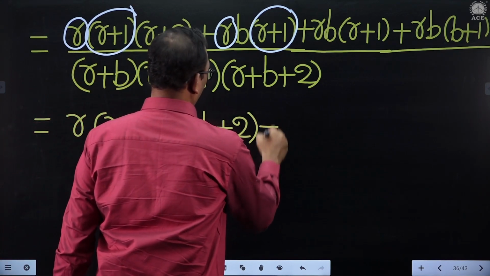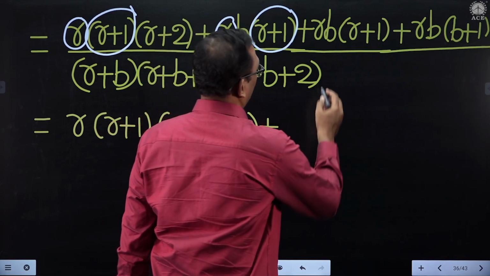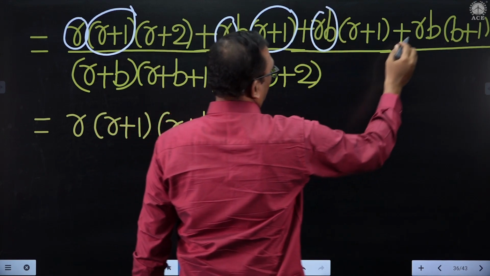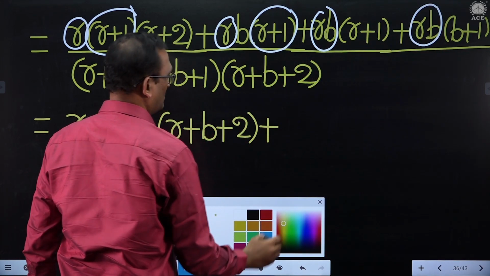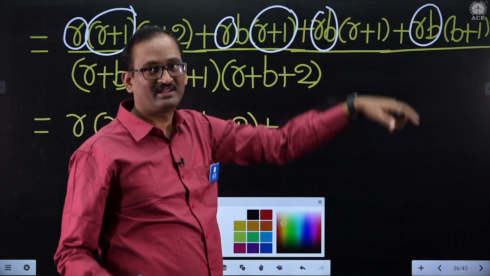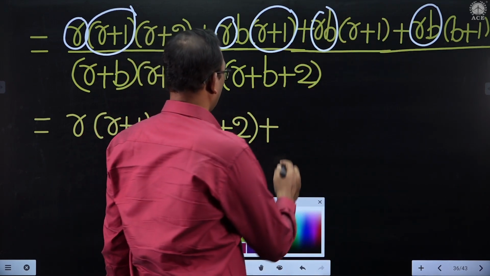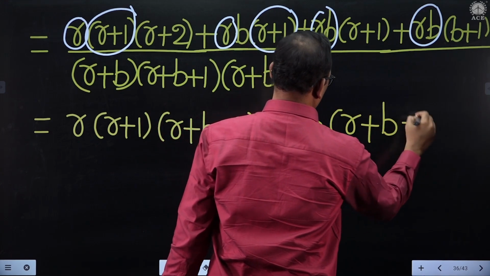From the remaining terms, here also please observe, rb common, then remaining r plus 1 plus b plus 1, that is r plus b plus 2, rb into r plus b plus 2.